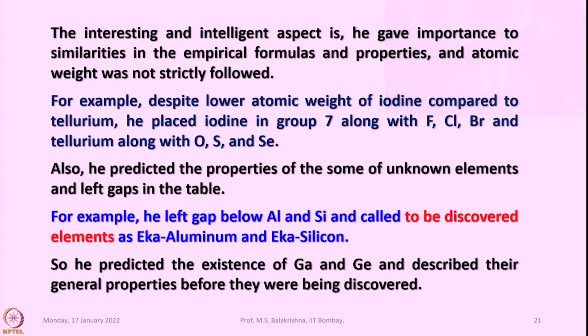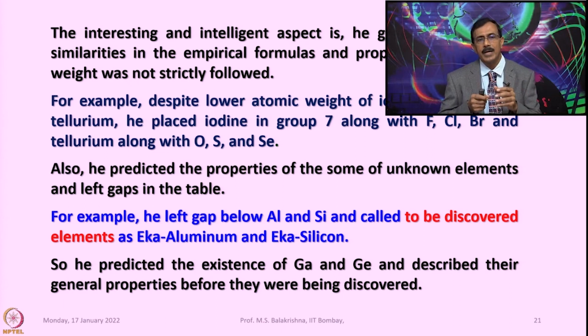and empirical formulas. Also he predicted the properties of some of the unknown elements and left gaps at appropriate places in the table. For example, he left gaps below aluminum and silicon and called the to-be-discovered elements eka-aluminum and eka-silicon.